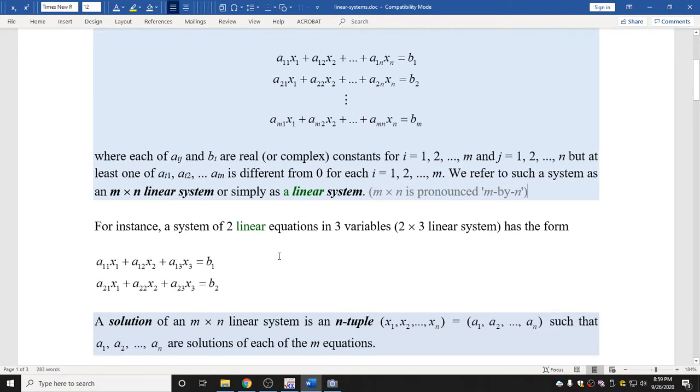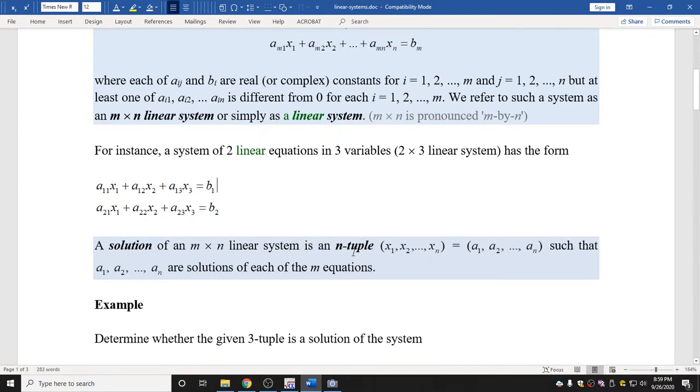For instance, a system of two linear equations in three variables, or a 2 by 3 linear system, has the form: there are two equations in three variables. In this case, variables x1, x2, x3.